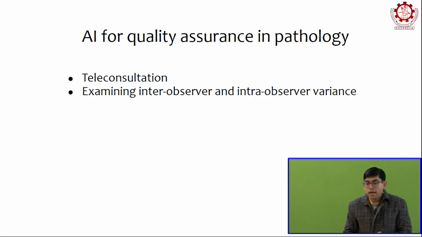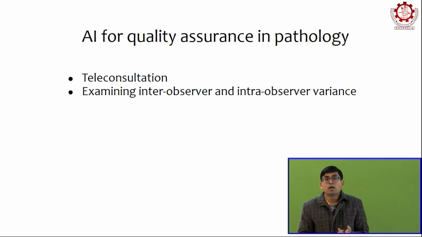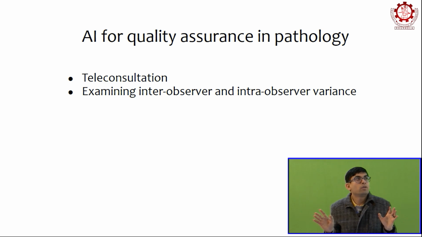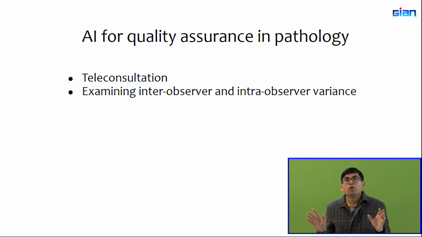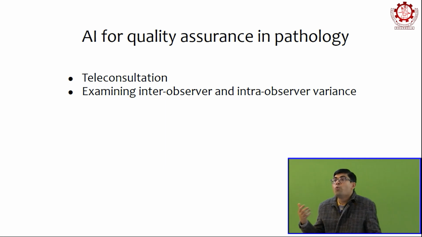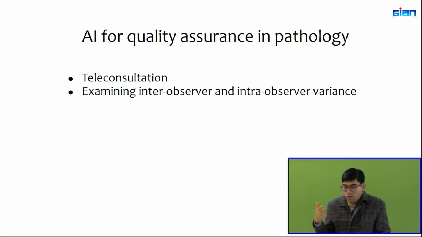So this can help assess this variance, or let's say you are conducting an experiment. Just another hypothetical scenario, you have come up with this really cool generative AI model where you are taking one kind of stain and converting it to another, or you are generating synthetic samples of a particular disease. Now you want the pathologist's opinion as to whether this synthetic sample that you have generated is good, bad, right? You have two different pathologists.